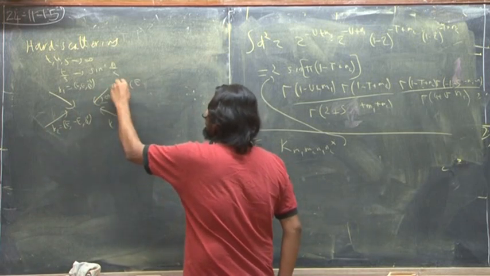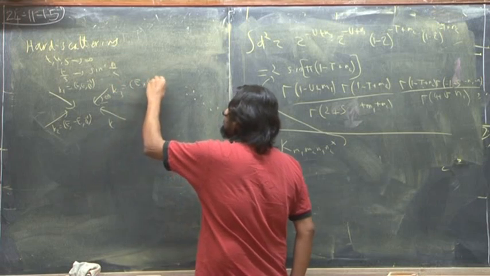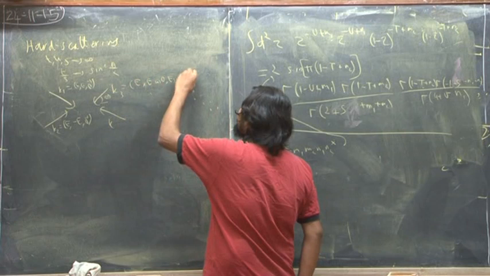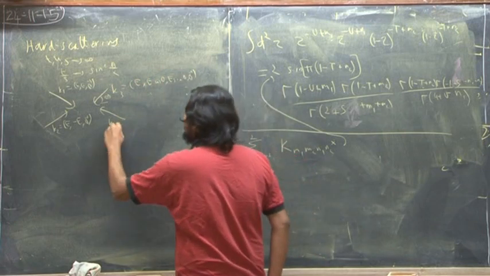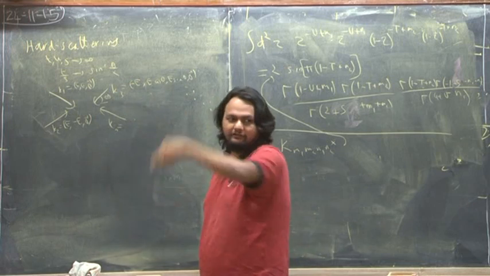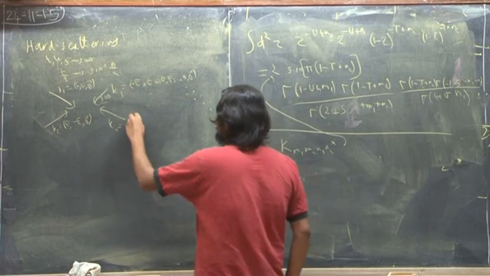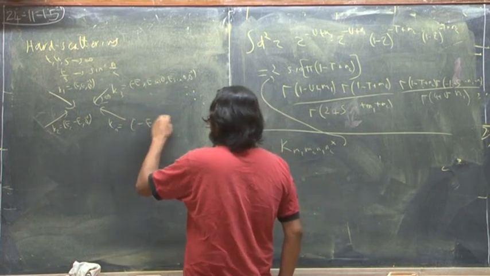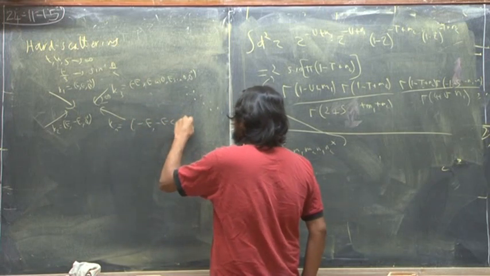This would be (E cos theta, E sin theta, 0). This is K4, because I do minus E because it's going in the wrong direction. And so minus E.